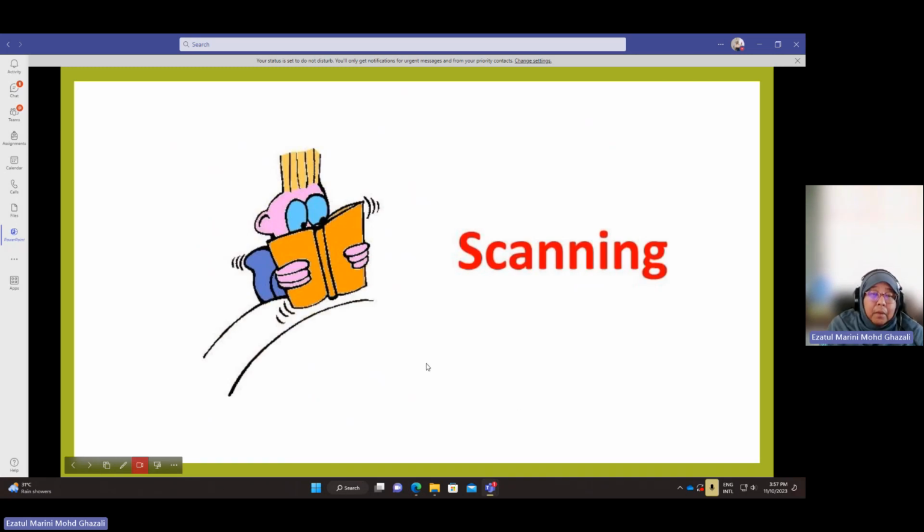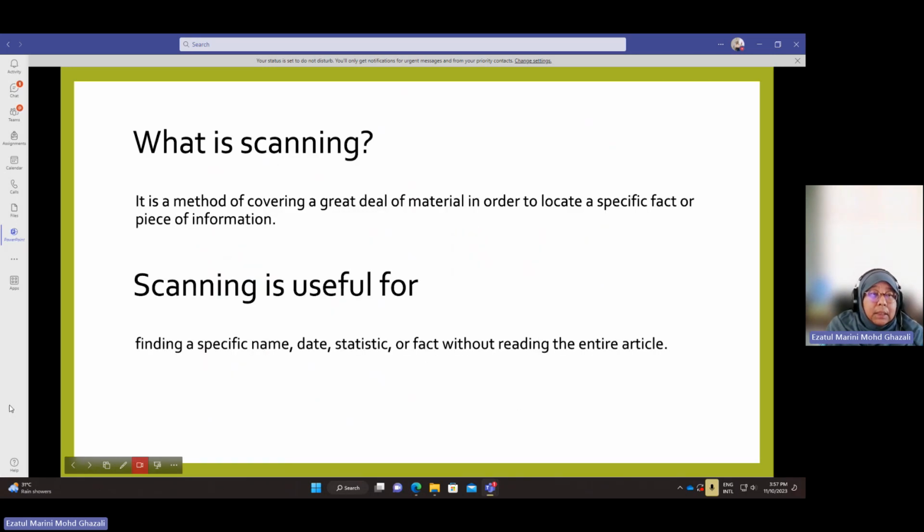What is scanning? Scanning is a method of covering a great deal of material in order to locate a specific fact or piece of information. Just now in skimming, we were talking about the main idea, the overall idea. But here in scanning, we are focusing on locating a specific piece of information, right?